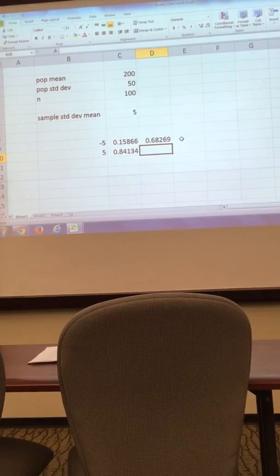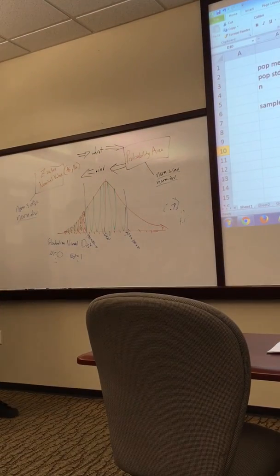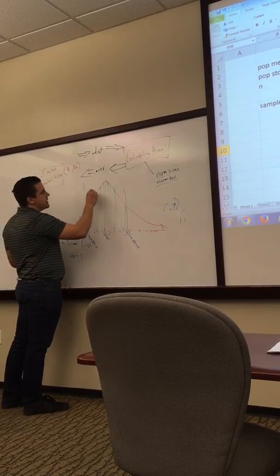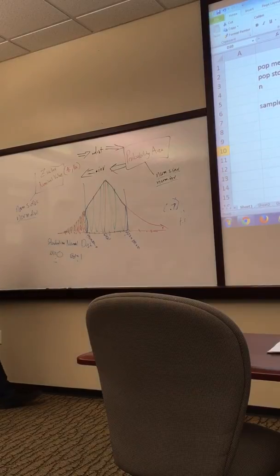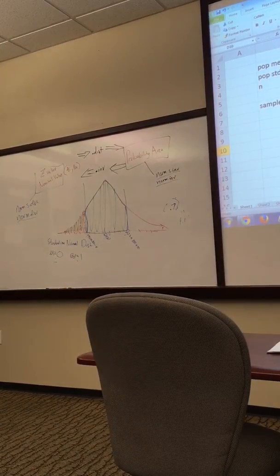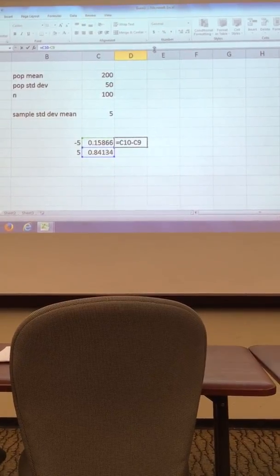So for our higher tail, which is 205, it's going to be this area all the way here. But our answer is the area between 1 standard deviation above and 1 standard deviation below the mean. So, like we did last week, in order to figure that out, we take the difference of these two equations.